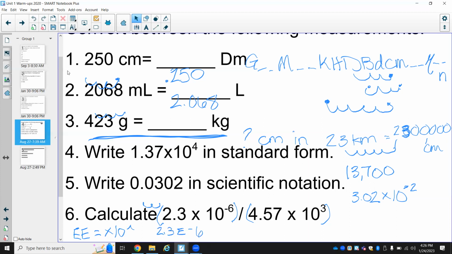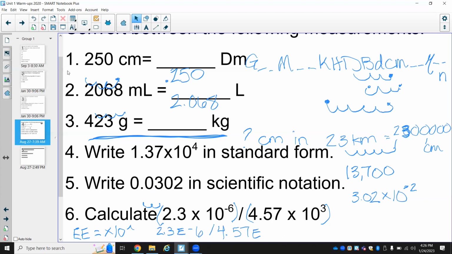Then divide by and type in the coefficient, the 4.57. Hit the second EE button, and it pops up a single E on your screen. And then type in the exponent, the 3.